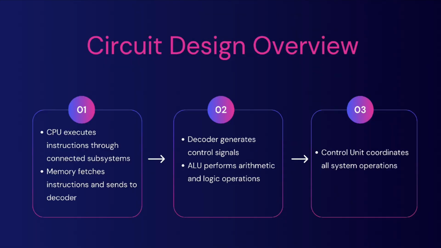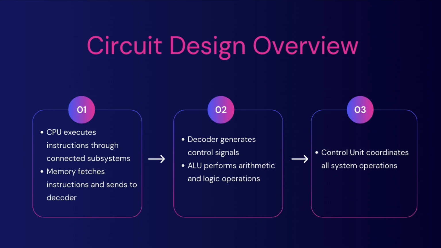This slide presents the overall architecture of our CPU design. The CPU executes instructions through several interconnected subsystems. Instructions are fetched from memory and sent to the decoder. Next, the decoder generates a control signal, while the arithmetic logic unit, or ALU, performs arithmetic and logical operations such as addition, subtraction, and comparisons.